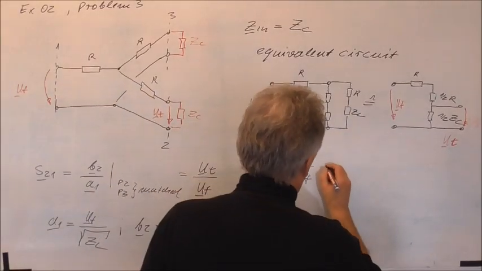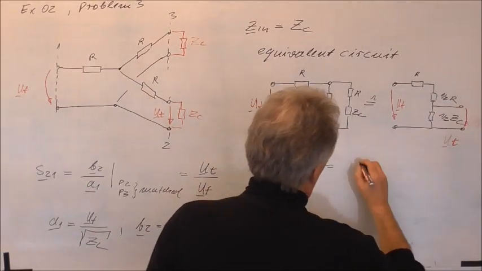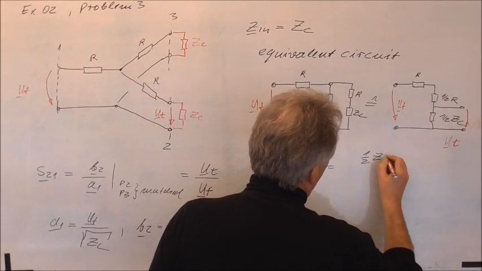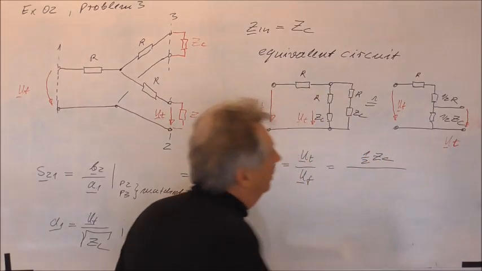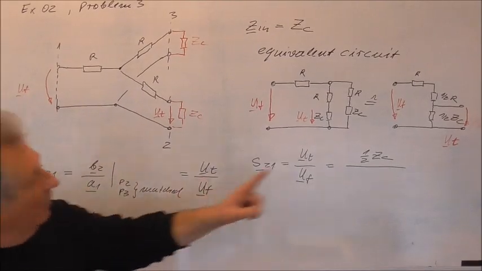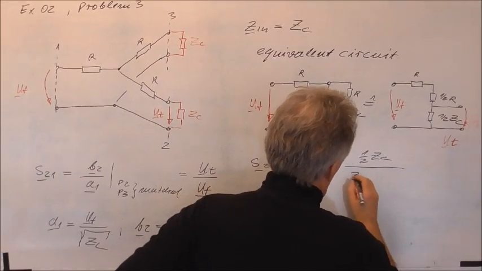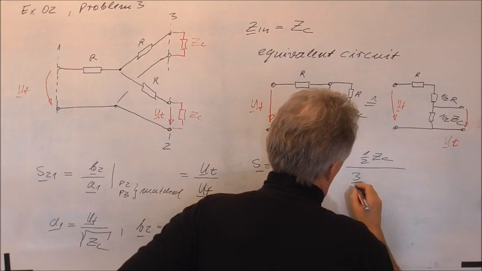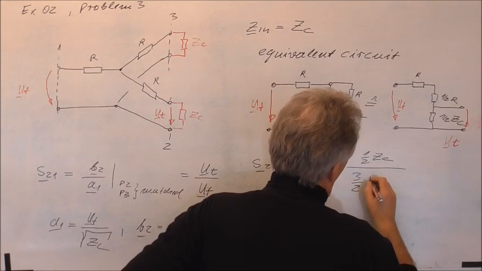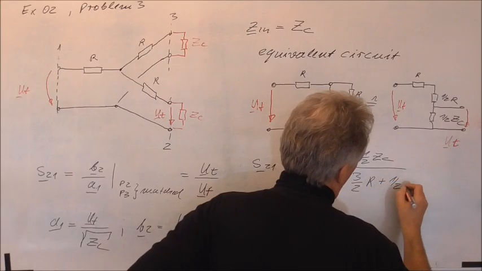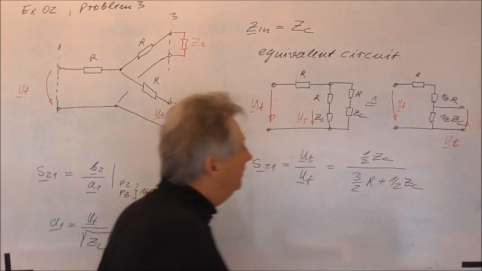This is this resistance, it's 1/2 ZC divided by the total resistance, and the total resistance is 3/2 R plus 1/2 ZC.